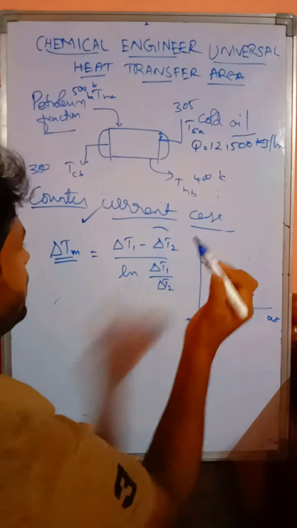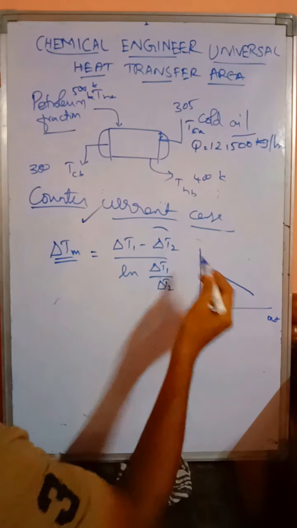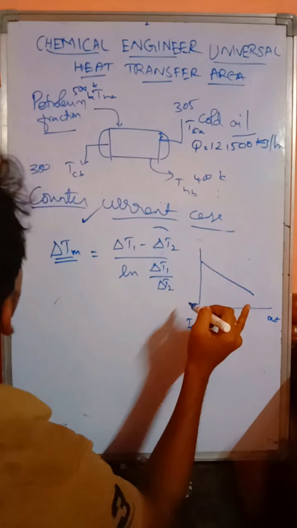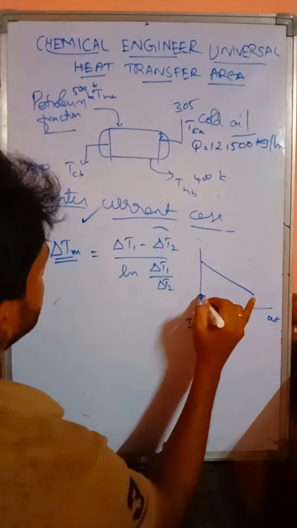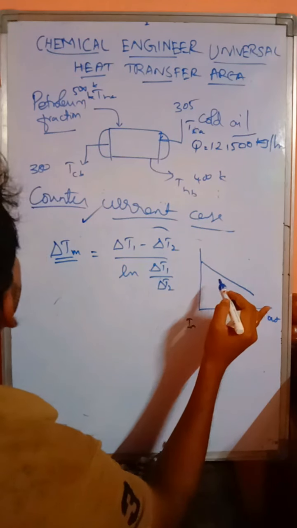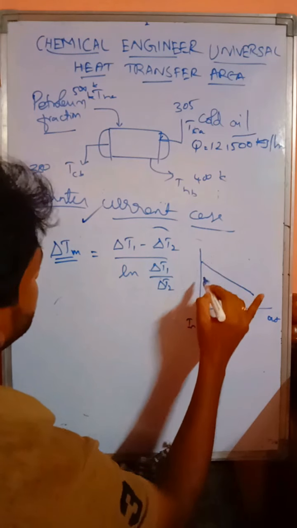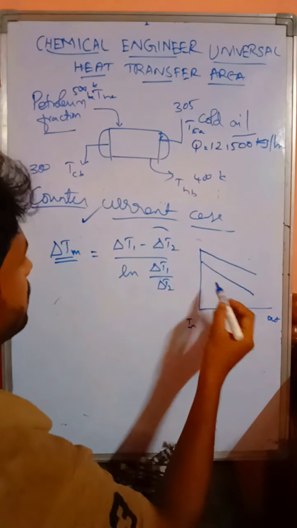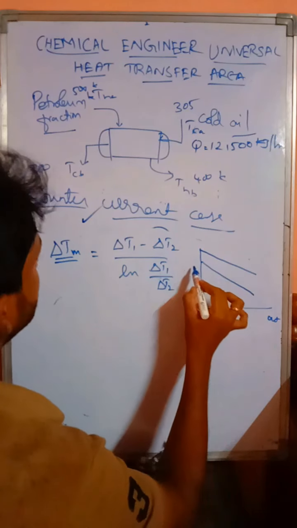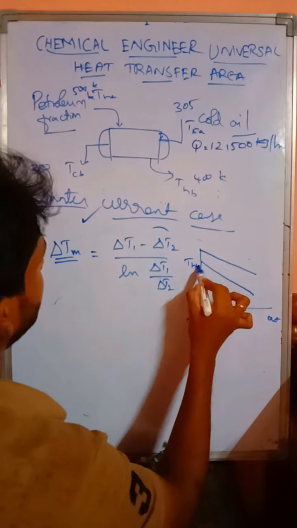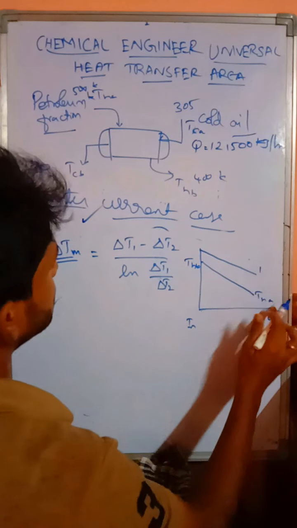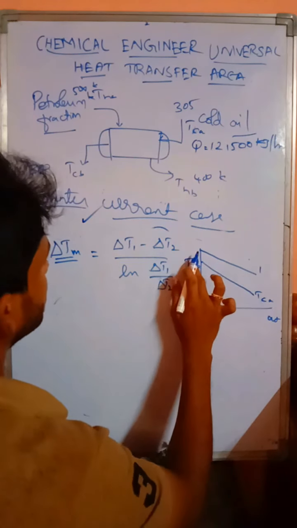The petroleum fraction is available at 500 Kelvin. Inlet is this way, 500 to 400. So this is THB, THA, and this is TCA, TCB.